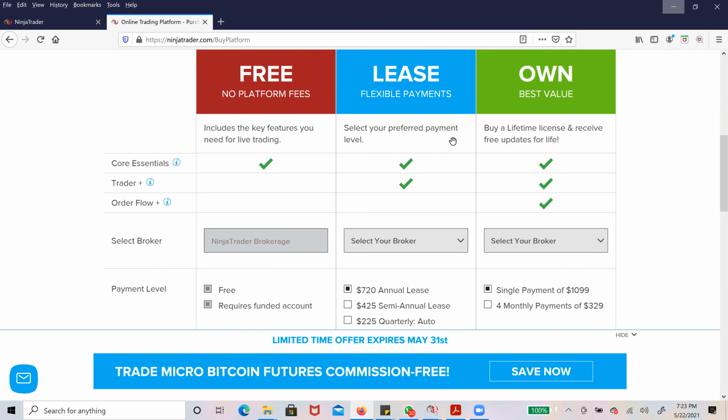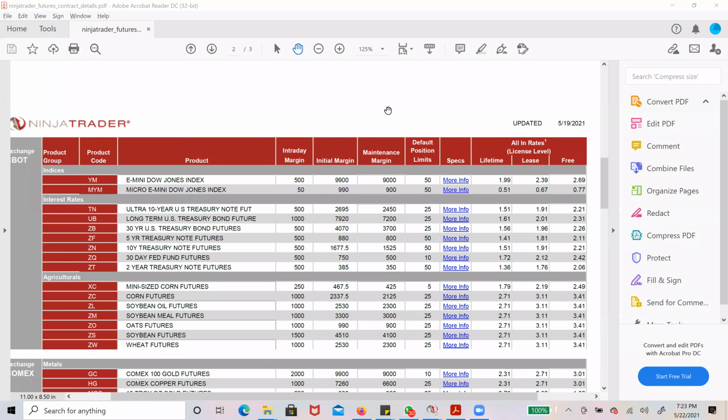Okay, so this is the Ninja website. This is the trading information, how you are going to trade, and what the initial and intraday margin you need is. When I say intraday margin, that means you are trading only for the day, like from 9:30 to 4. That's basically a day trading perspective. If you buy in from 6 o'clock till about 10 o'clock, it's still fine.